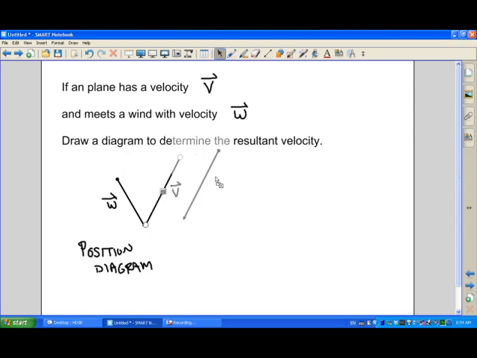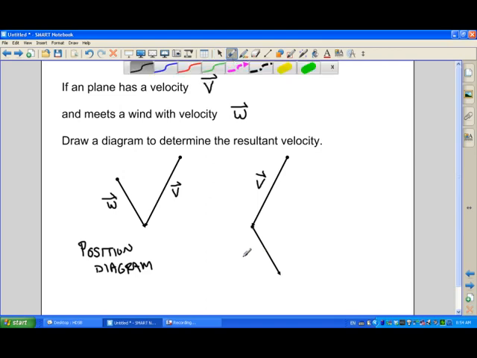So we can imagine again this plane traveling at some velocity v, and it's going to meet this wind, and so we're going to add the velocity of the plane and the velocity of the wind, and what we get will be a vector that represents the velocity of the plane plus the velocity of the wind.